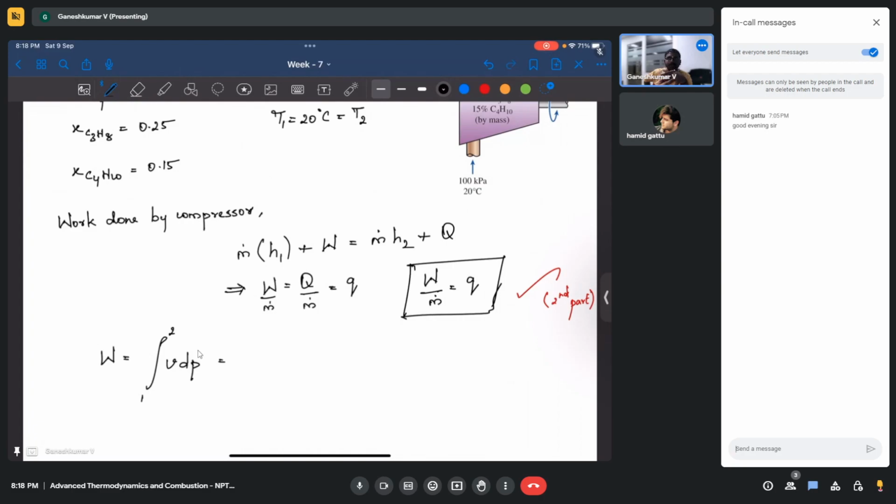And for an open system, dh equals du plus P dV plus V dP. When you substitute it back, q will be dh, so finally work done will be equal to the integral of V dP.